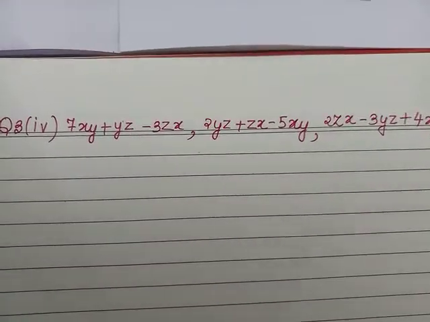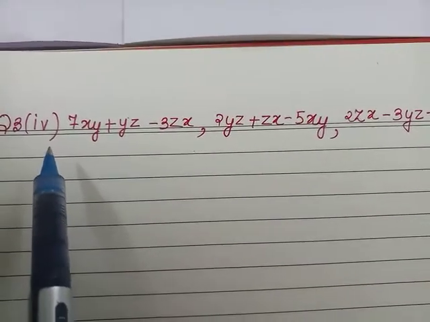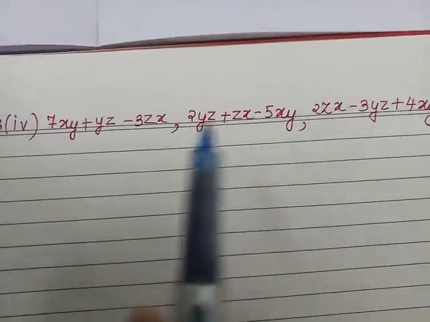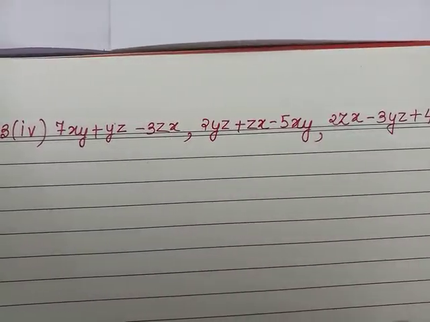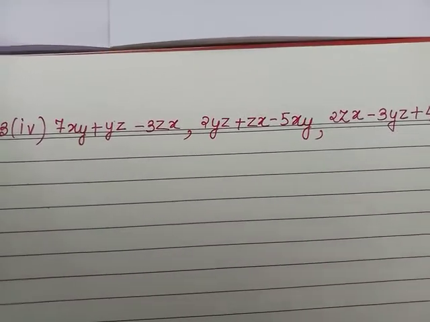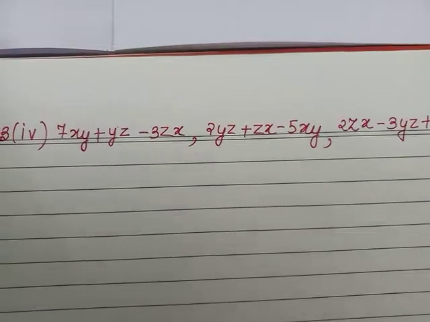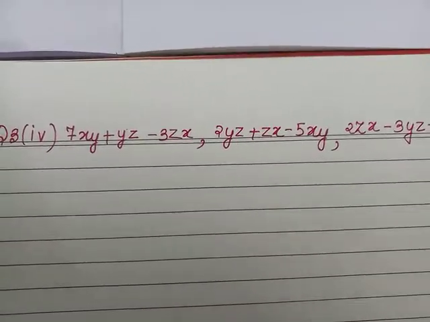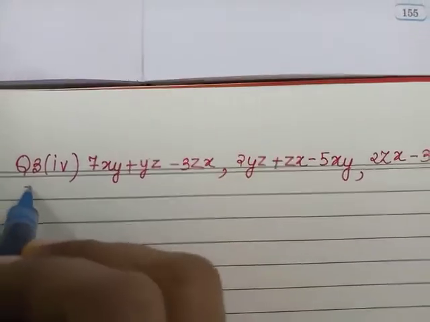Now I've written question number 3, 4th part for you. These are the 3 given expressions. I solve it horizontally. Firstly, we write the expression showing that we are adding these 3 algebraic expressions. See how we write.